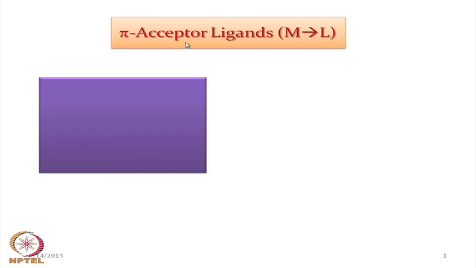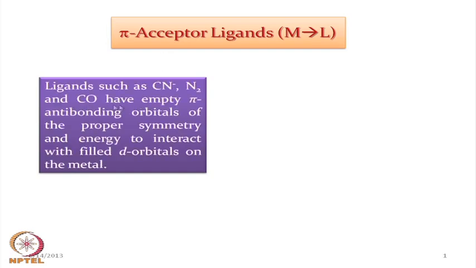What happens if we have some pi orbitals and also the pi star orbital, that means the antibonding orbital which is available for acceptance of electron density from the metal side? We group these ligands as good pi acceptor ligands, such as CN minus, dinitrogen and carbon monoxide. They have empty pi antibonding orbitals, that means pi star orbitals are available of proper symmetry and energy.